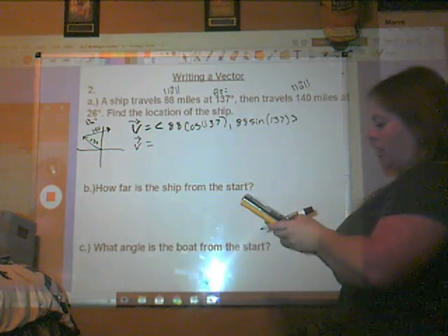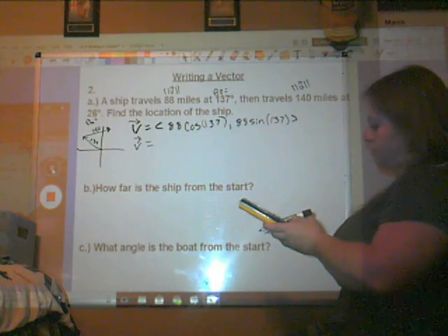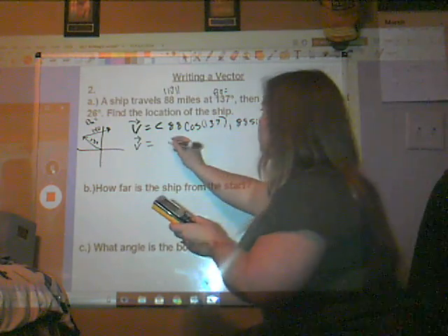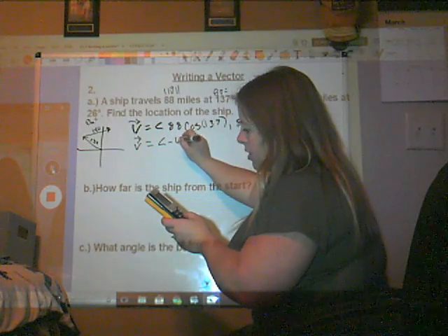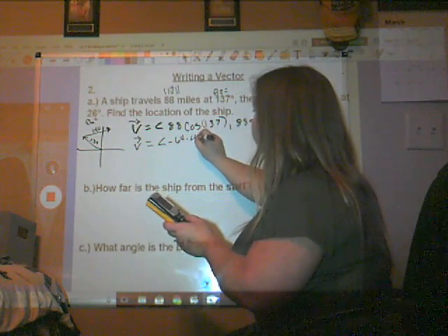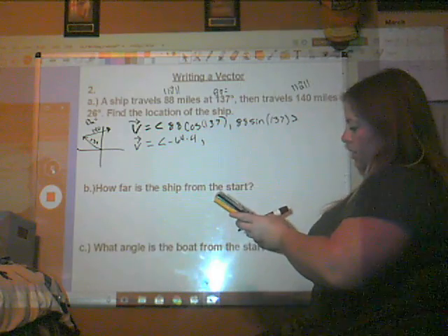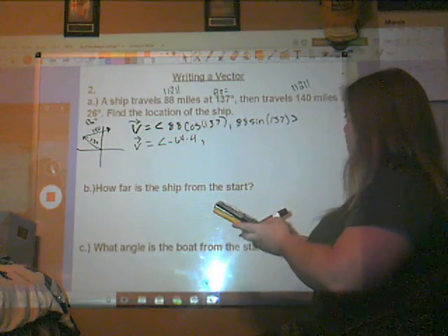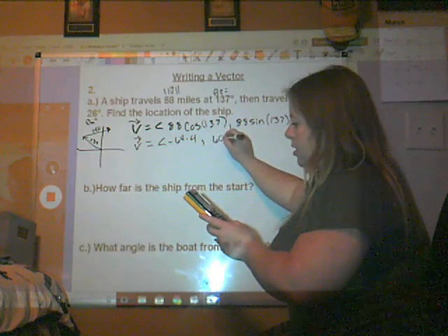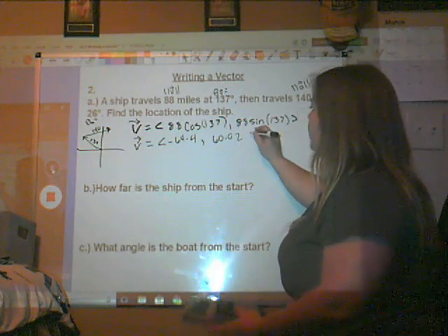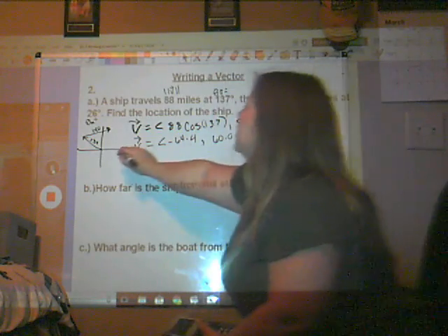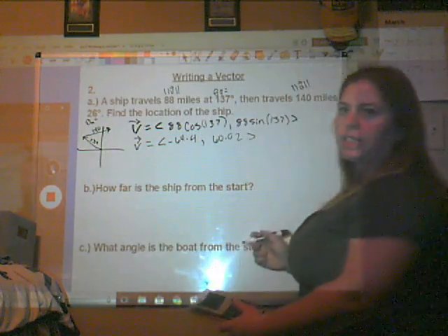So we get 88 times the cosine of 137, which is negative 64.4, and then 88 times the sine of 137, which is 60.02. And as you notice, that is in quadrant 2 because it's a negative and then a positive. So it's in quadrant 2, so that makes sense.